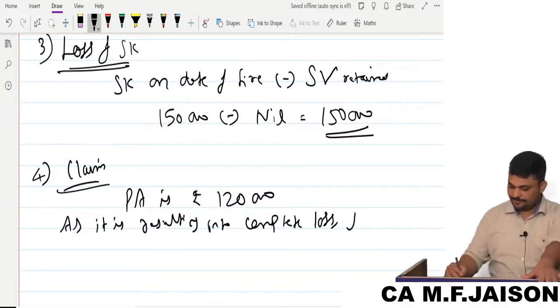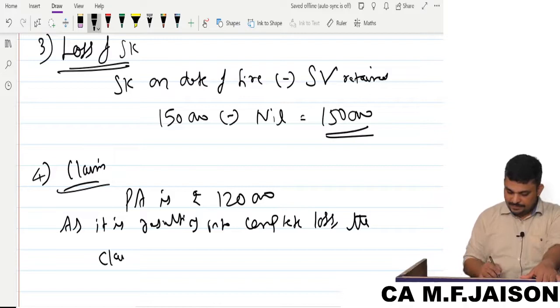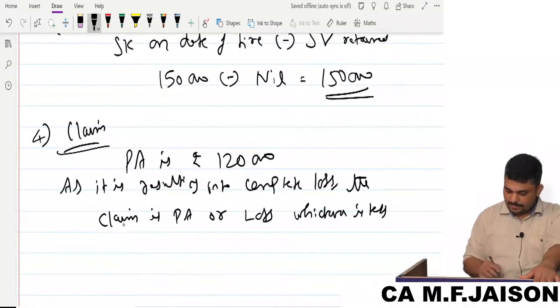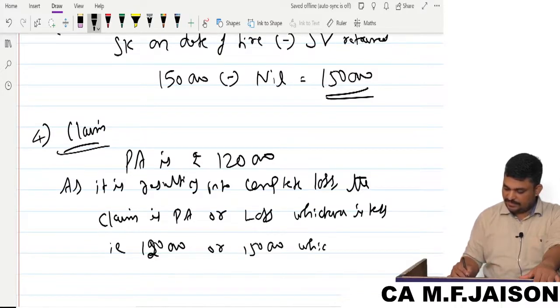In complete loss, the claim is policy amount or loss, whichever is less. Loss is 1,50,000, policy amount is 1,20,000, so 1,20,000 or 1,50,000, whichever is less.